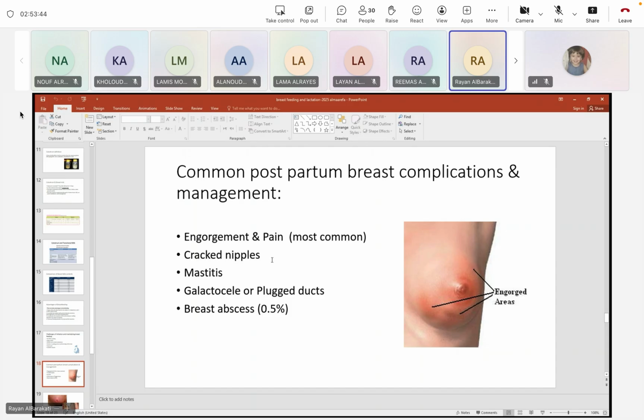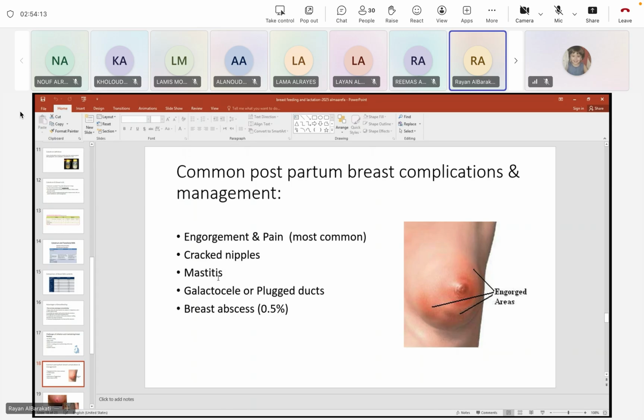Okay, what is next? The cracked nipples. They will have pain and soreness. This means there is a poor technique, and you have to educate the mother. Also, apply some medication to help, like bibenthine, antibiotic and antifungal, and moisturizing cream that will help the nipples heal and be protected from cracks and injuries.